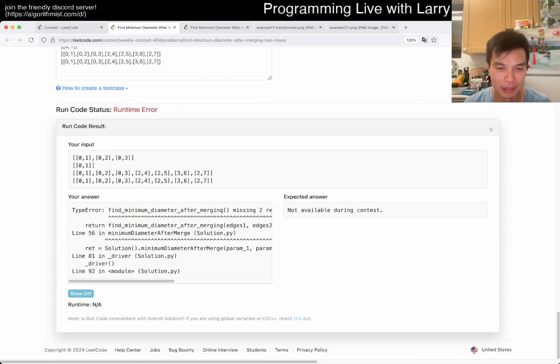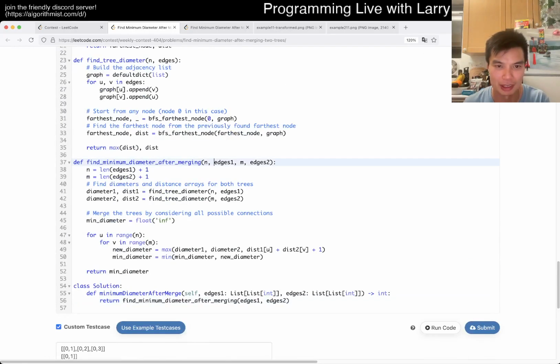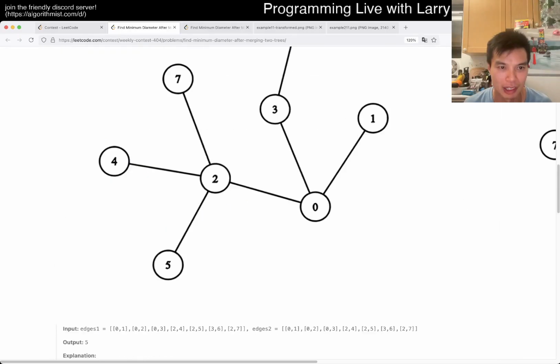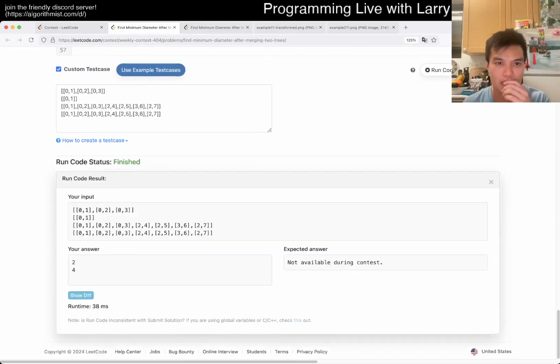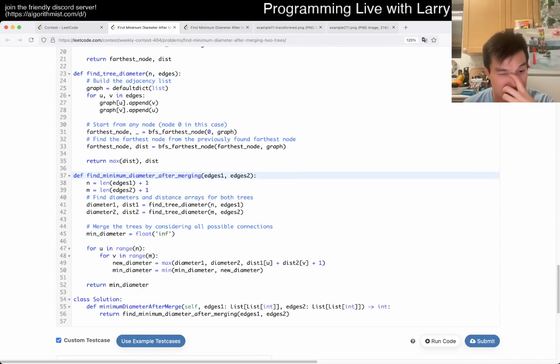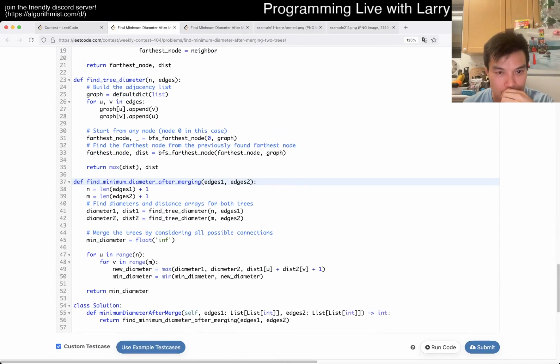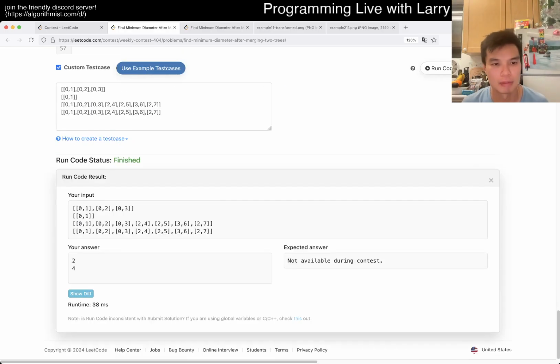I mean, if this problem is just ChatGPT-able, this is just silly, right? But this is wrong. I don't know why this is wrong though.